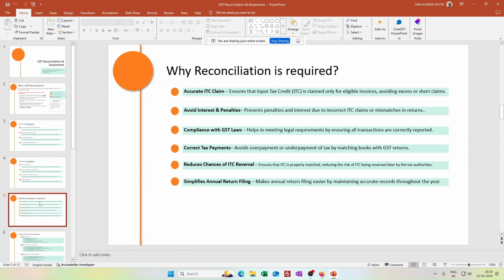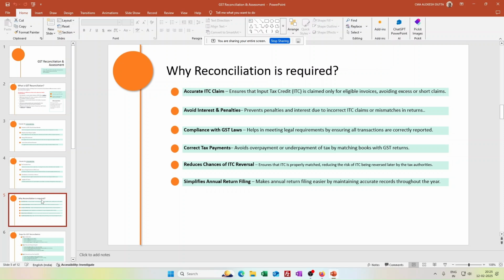GST reconciliation is a must before 31st March. Before finalizing your accounts, you have to reconcile each and every entry with the portal, and the balance payable as per your liability balance sheet for March month or March quarter must match with the GST portal, or the advance tax you have paid must match with the GST portal.